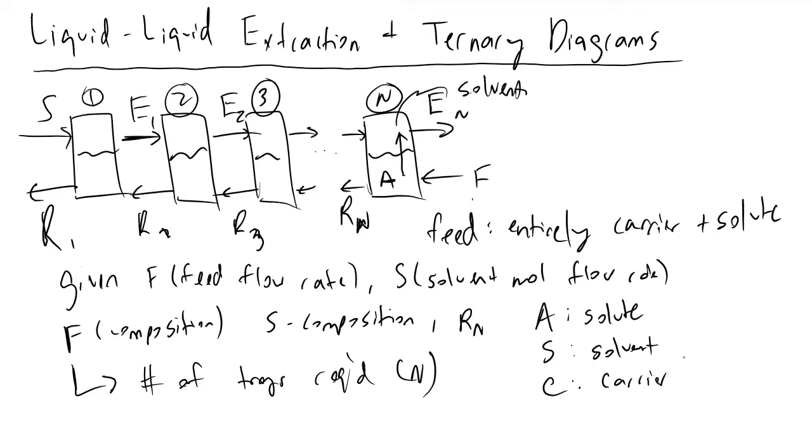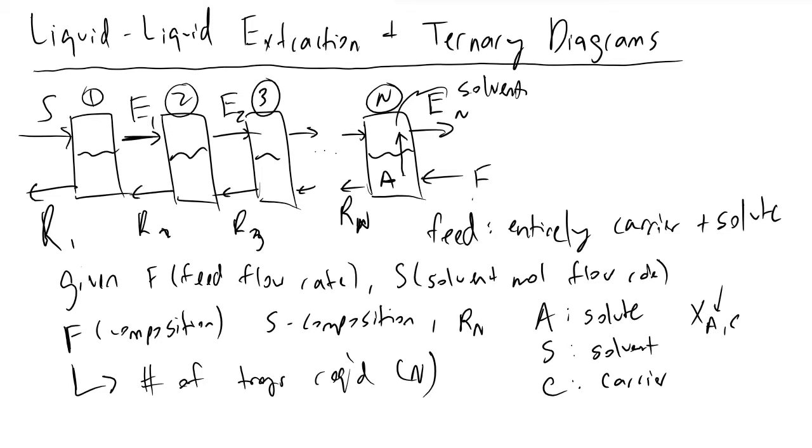A typical notation that we will come across in these systems will be something like X sub A in phase C. What this tells us is the mass fraction of your solute A in your carrier phase.